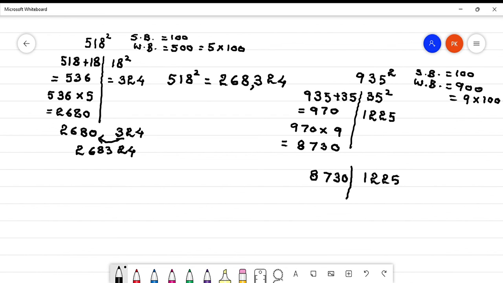And since the standard base is 100, I'll keep 25 on this side and carry forward the remaining digits, that is 12 I'll carry forward. So 8,730 plus 12, that is 8,742.